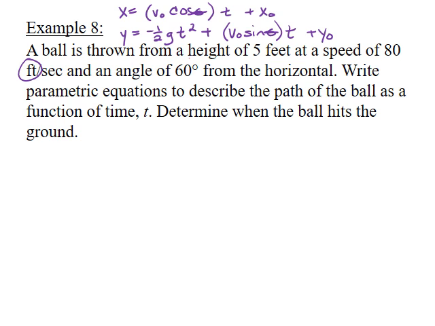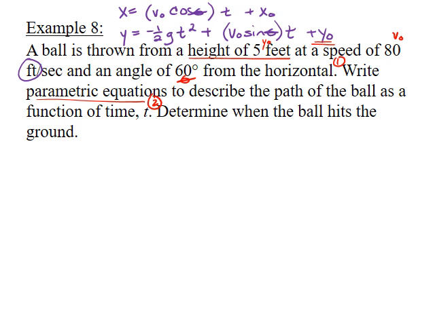So we know the initial height is 5 feet, so this is y sub 0. This is the initial height. The initial speed is 80, so this is the initial velocity. The angle is theta, and we want to first write parametric equations to describe this path, and then once we've done that, we are going to determine when the ball hits the ground.